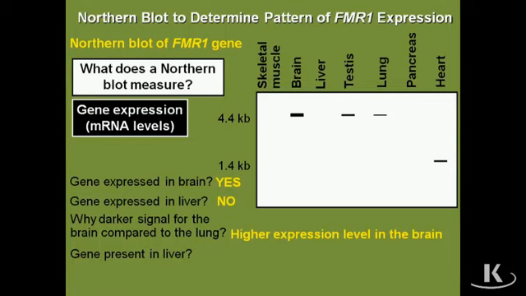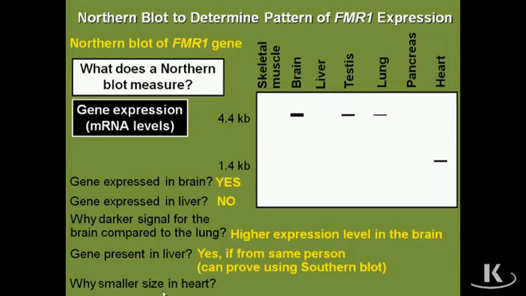So if this is the same organism that all this tissue was derived from, then the answer is yes. If this is from the same person, then yes, the gene has to be present in the liver, because the same genes are present in all of our tissues, whether it's muscle, brain, liver, testes, lung, pancreas, heart, kidneys, whatever. The gene has to be present. If you wanted to prove it, you would have to do the southern blot, because the southern blot is what you use to detect genes.